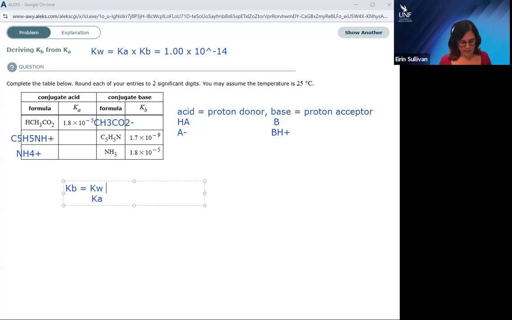So Kb for the acetate ion is going to be Kw, which is always 1 times 10 to the power of minus 14, divided by Ka for acetic acid, which was given in the question as 1.8 times 10 to the power of minus 5. Put that in my calculator, and I should get 5.6 times 10 to the power of minus 10.